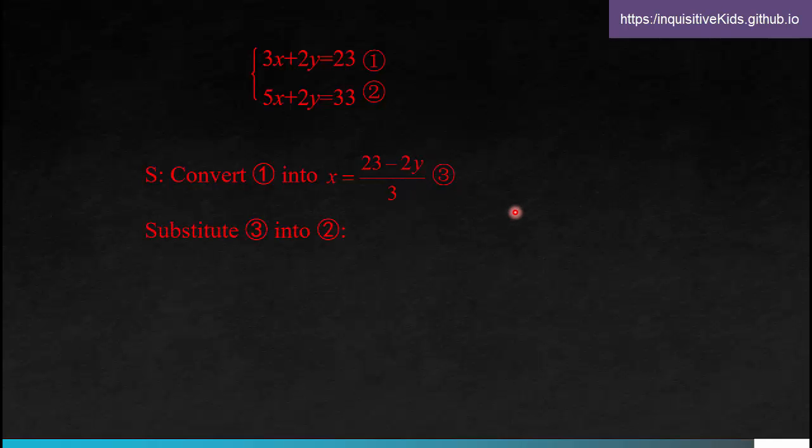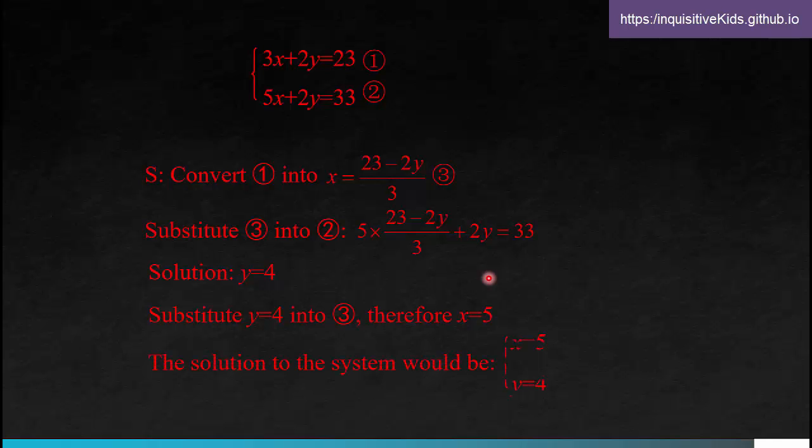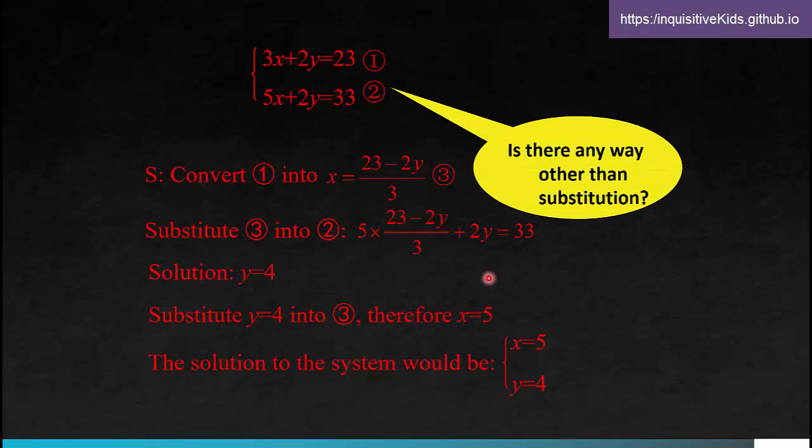Substitute equation number 3 into equation number 2, and we have 5 times equation number 3 plus 2y = 33. Our solution is y = 4. Substitute y = 4 into equation number 3, and we get that x = 5. So therefore, the solution is x = 5, y = 4. This is, of course, the substitution method. But is there any other way?